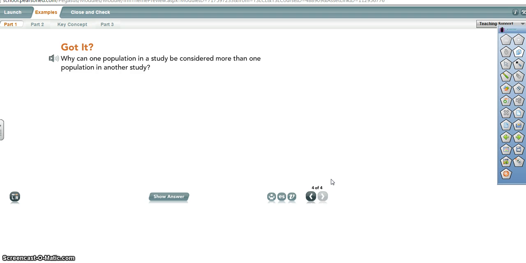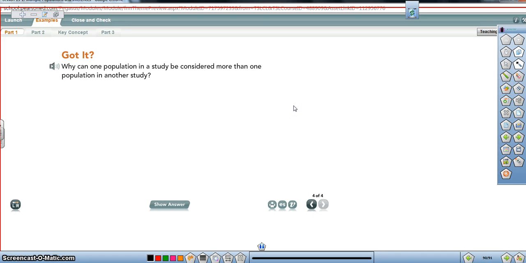Why can one population in a study be considered more than one population in another study? We've seen several examples of this already, but it just depends on what you want to know about.